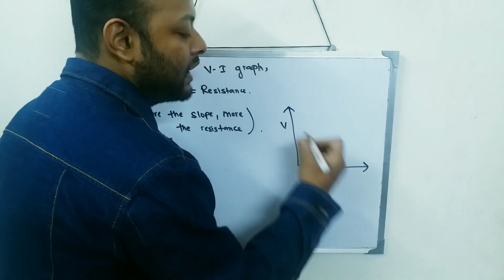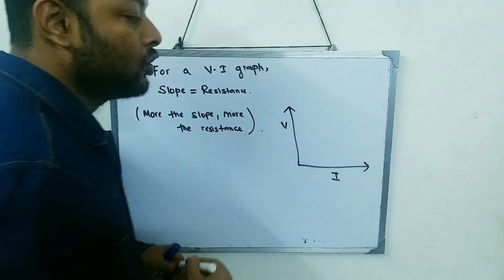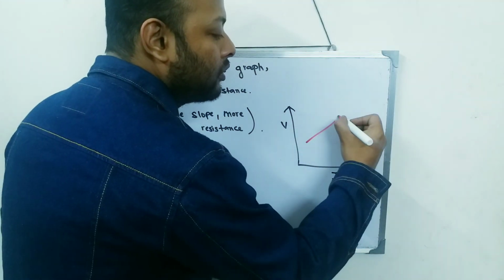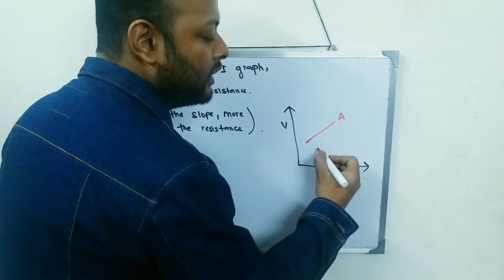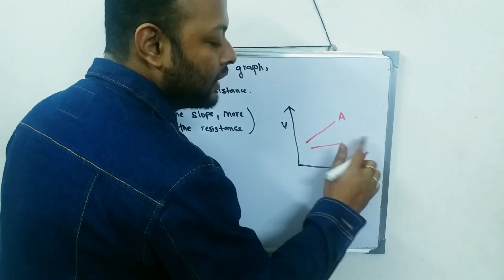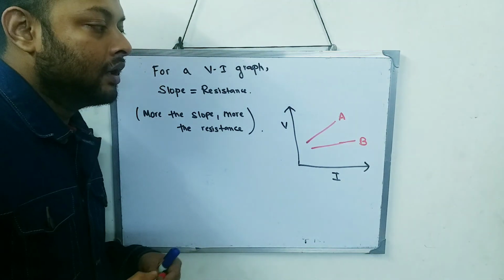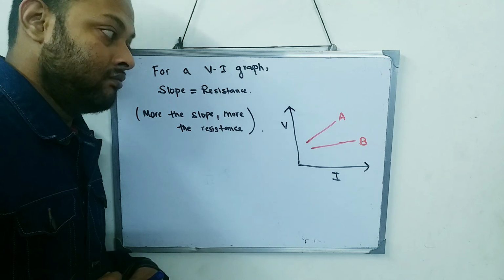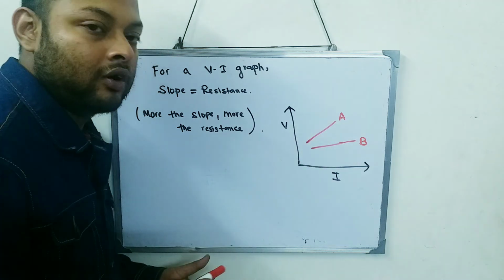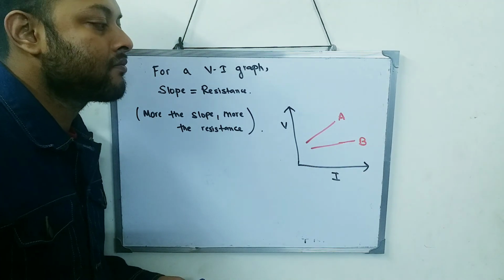Suppose I have a VI graph and I have two slopes: one slope like this for conductor A, and another slope like this for conductor B. Now there are two graphs I have drawn, this one for conductor A and this one for conductor B.